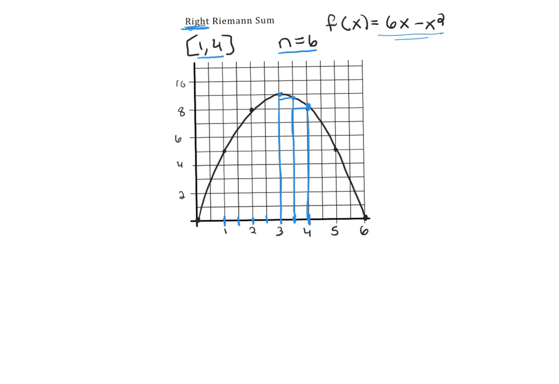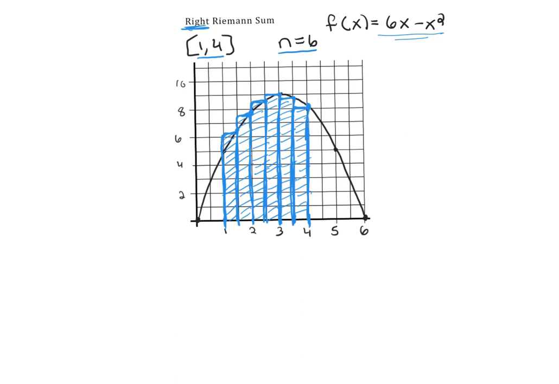So at 3, moving over, 2.5, 2, 1.5, and then done. This time I'm not estimating the entire area, it's just from 1 to 4.